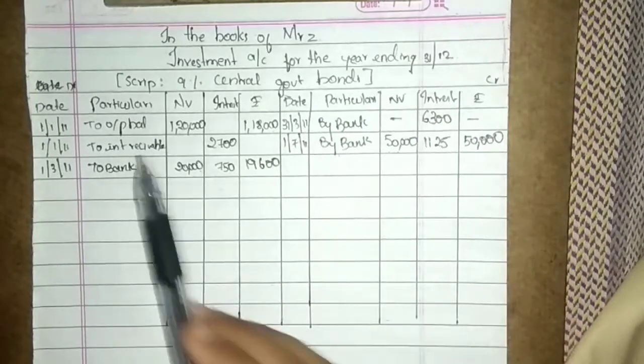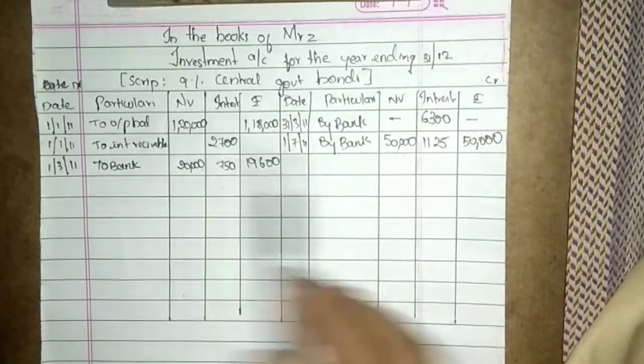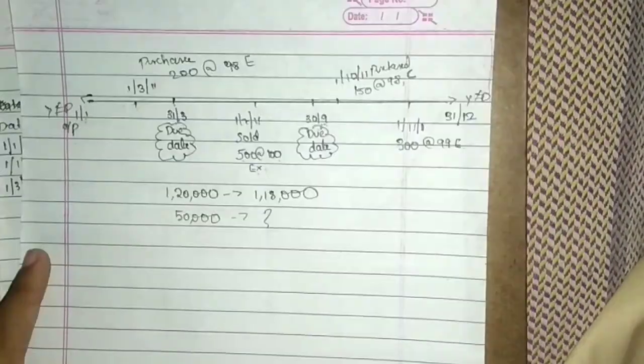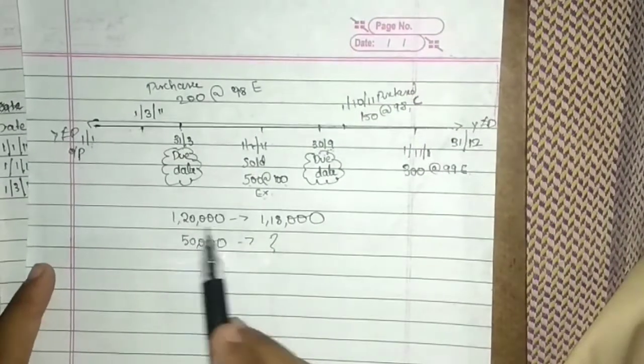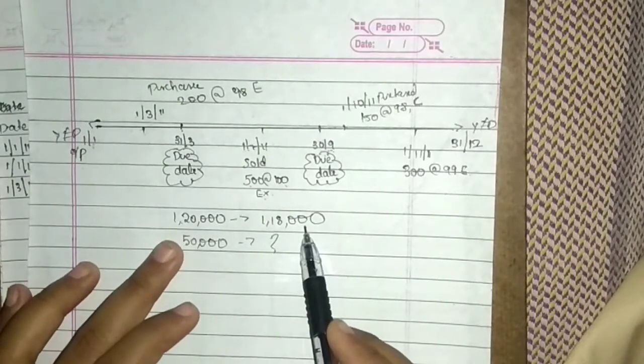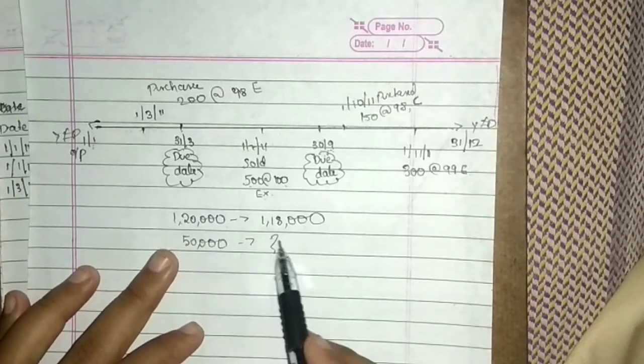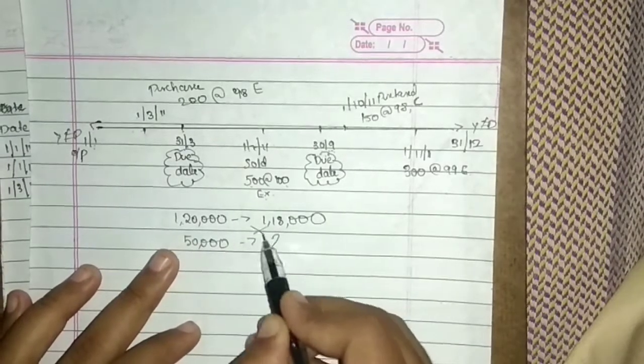Then you should also know how much 50,000 is costing actually. Write like this: 1,20,000 rupees of nominal value is costing 1,18,000 rupees. But how much would 50,000 of nominal value cost? Then do the cross multiplication.